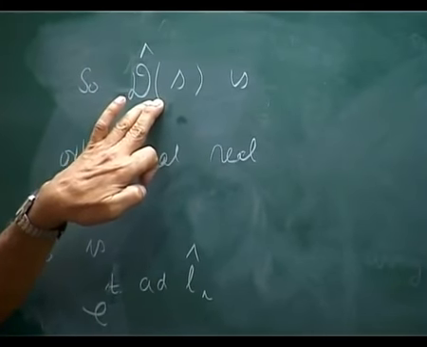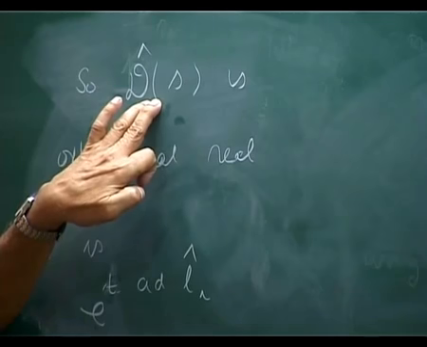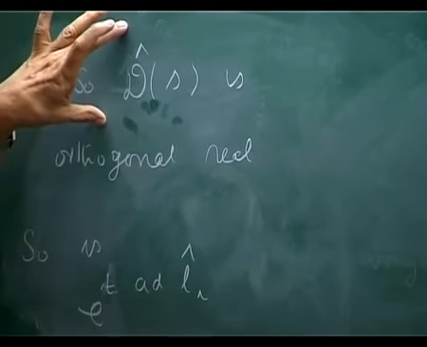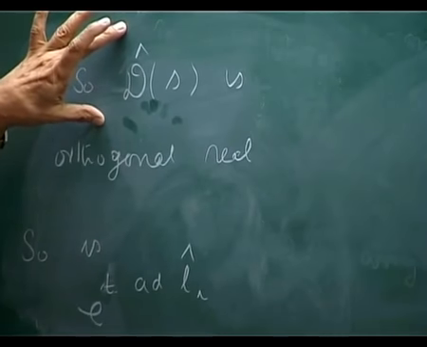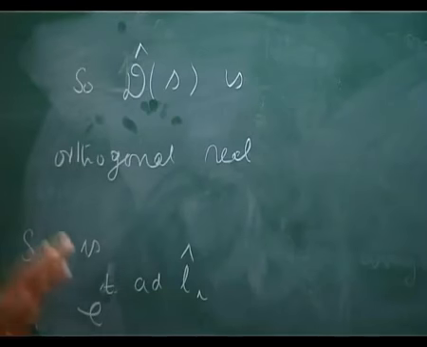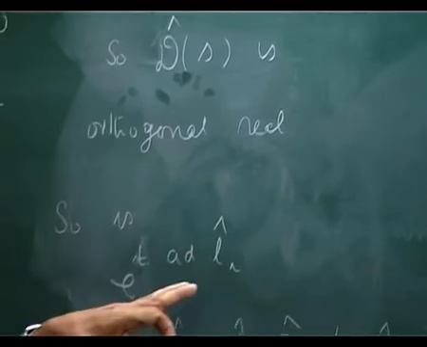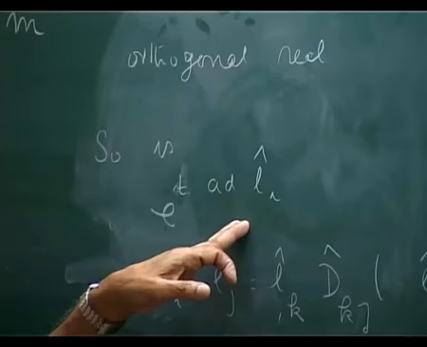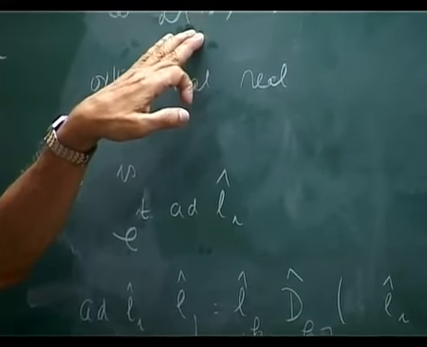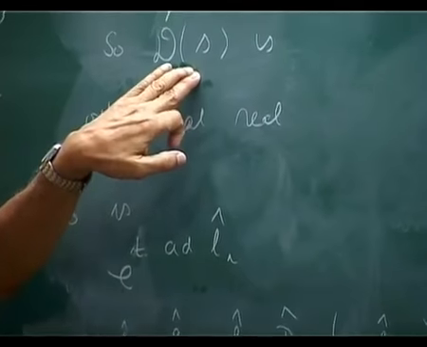This is a real orthogonal. Now it is a matrix, so it depends on the basis. But now I look at the particular basis which led to this expression serving as a basis for the action of the adjoint representation.